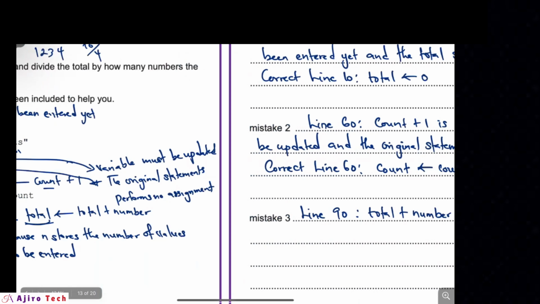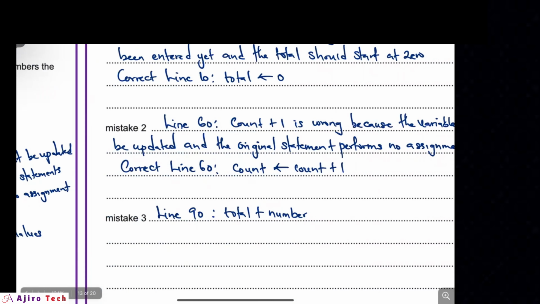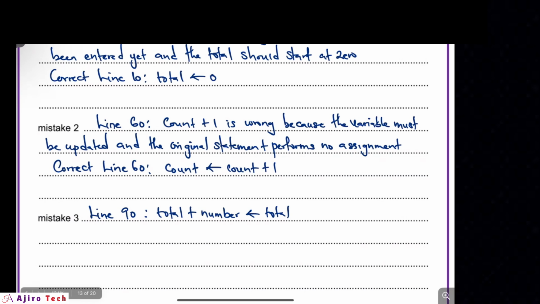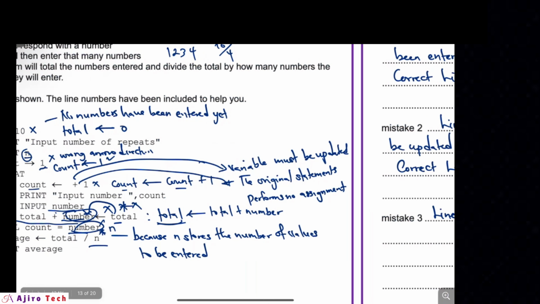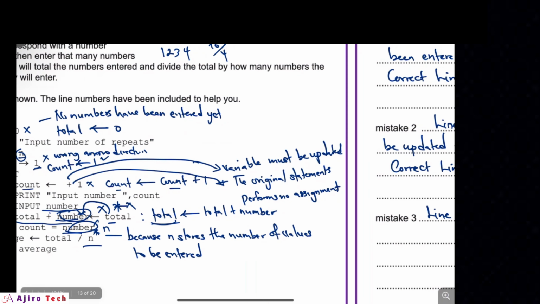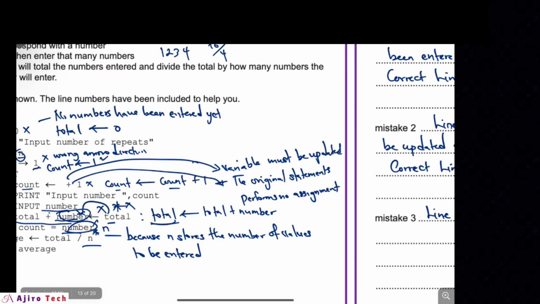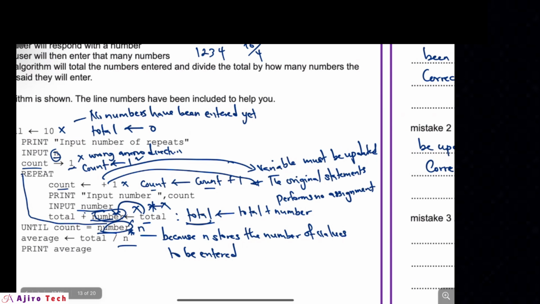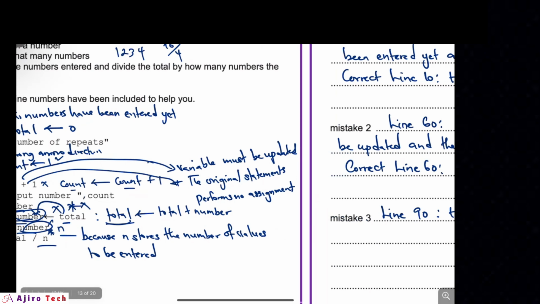Okay. So total plus number, then total. So it is in an incorrect order. It's wrong because, let's say, the result. Yes, it is the right one.